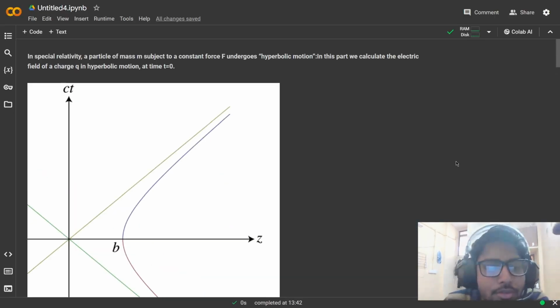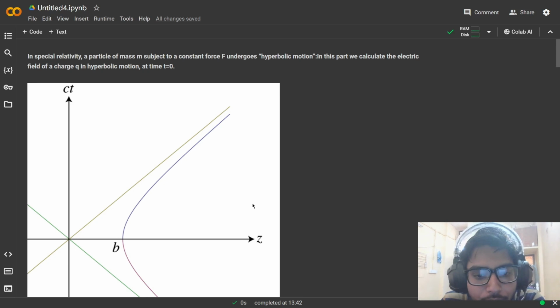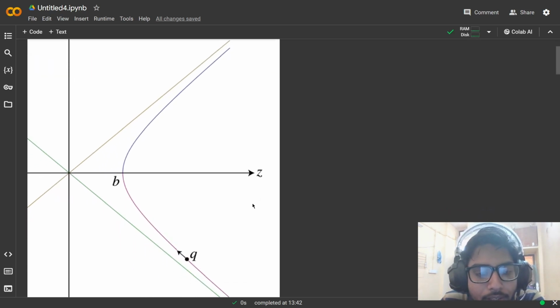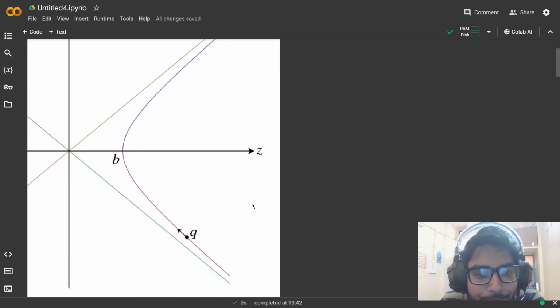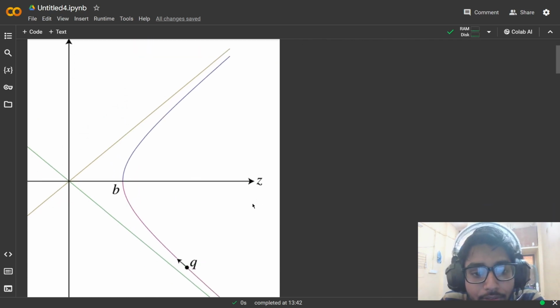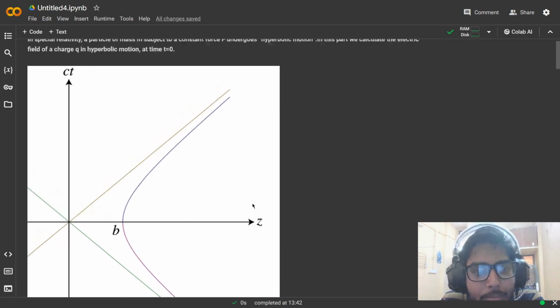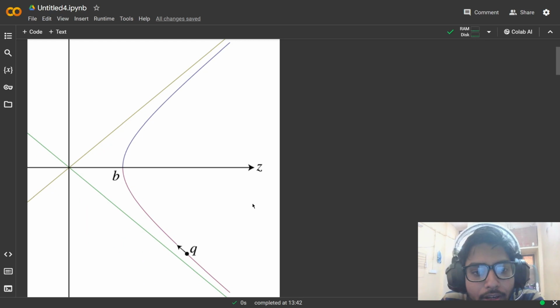Hello, myself Soham Mandal. I'll be explaining what the electric field of a charge is when it moves in a hyperbolic path and how it looks. Generally, in the special theory of relativity, when you apply a constant force to a particle, it undergoes hyperbolic motion, meaning it follows a hyperbolic trajectory.